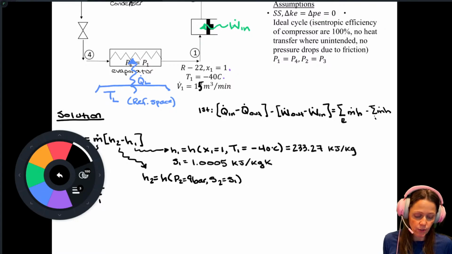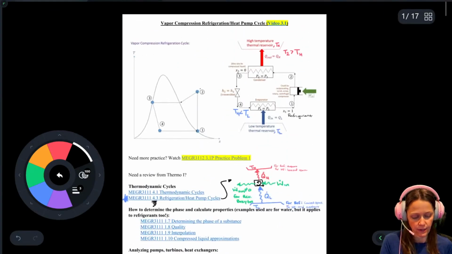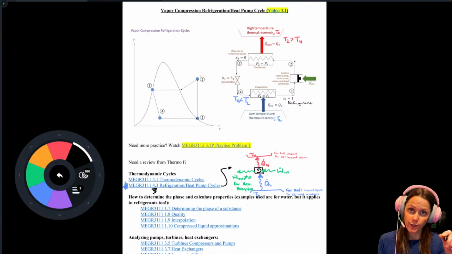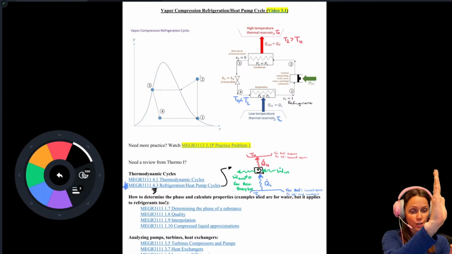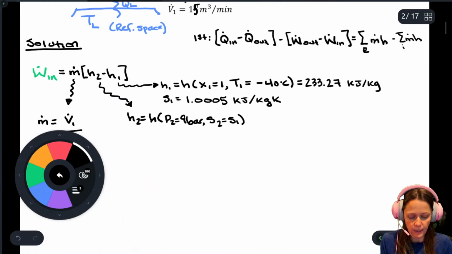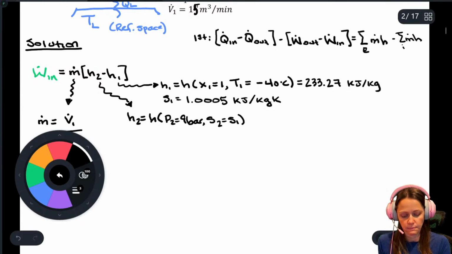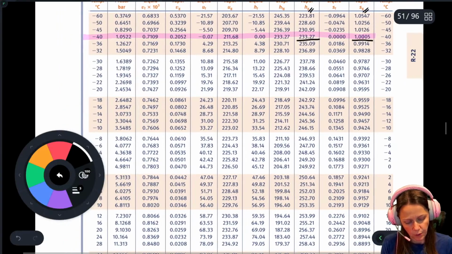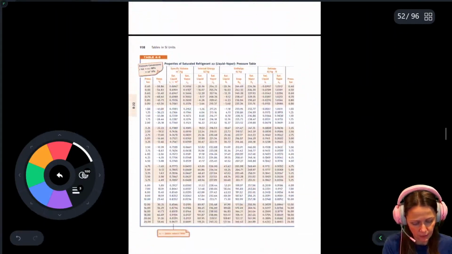So now we need to figure out what phase state 2 is, and it's kind of obvious, right? If I think about what's going on in a TS diagram, state 1 is right on that saturated vapor line. Press it isentropically, only one place to go, and that's into the superheated region. Now you can verify that. Let's pretend that we have. Well, might as well.